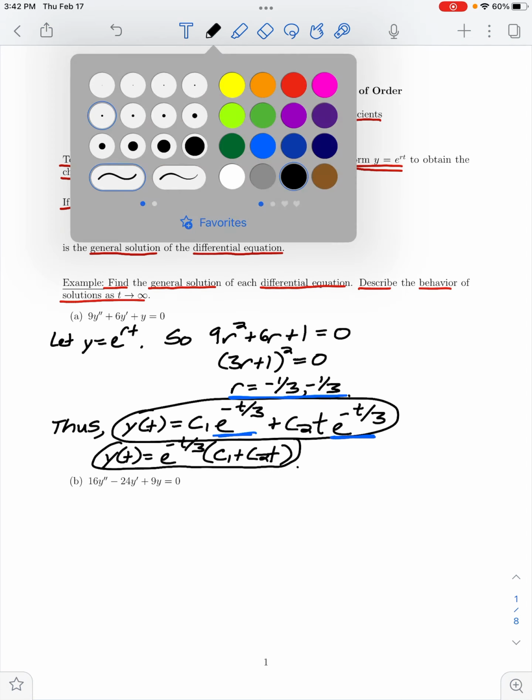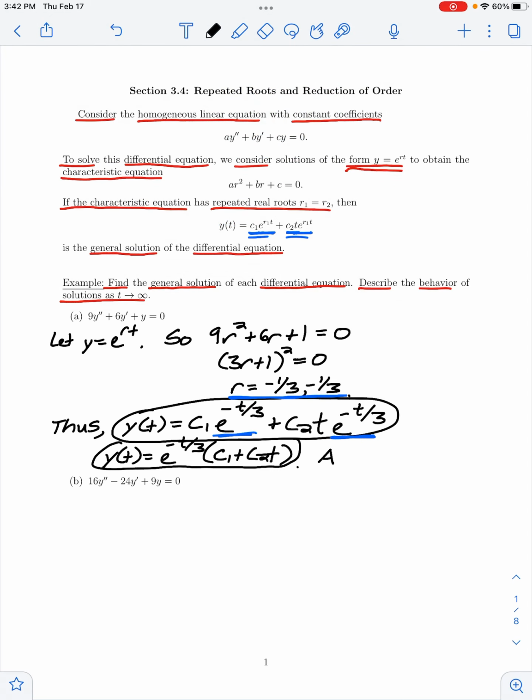As t approaches infinity, our solution, y of t, will approach 0, because both of the roots here were negative. So our two terms exhibit exponential decay approaching 0.